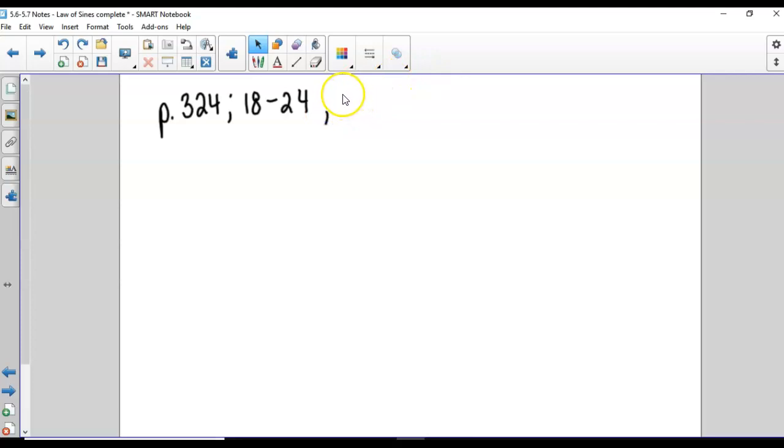And I'm going to give you a word problem worksheet. And actually, let me look at that worksheet real quick. So I have to tell you which ones you can do.